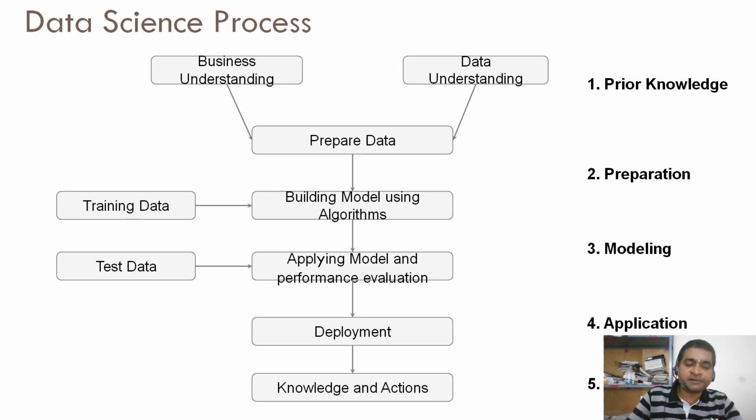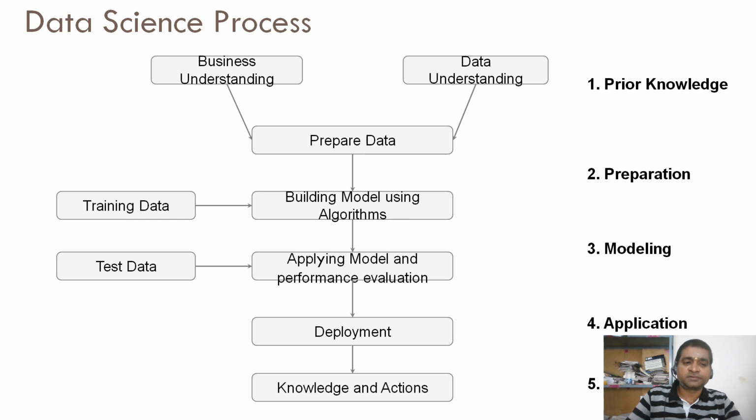Step 1, what I explained, is about business understanding and data understanding. For that we need some prior knowledge, so we call that step prior knowledge. Once the data is prepared, then we are going to build a model by using some training algorithms.